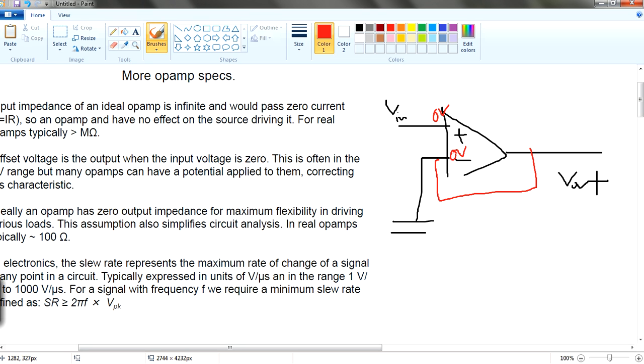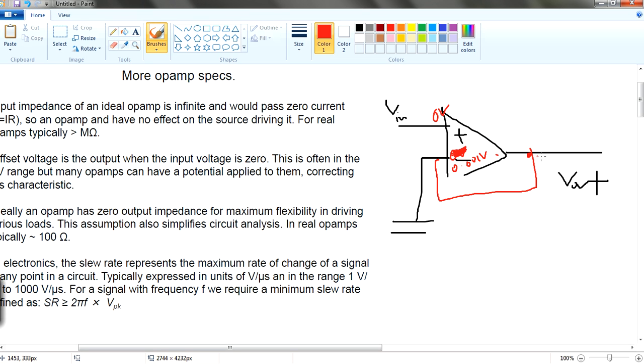However, because the offset within the op-amp may have some weird situation, this may actually feed back to maybe 0.001 volt because of a certain system within it. Maybe some residual voltage stuck inside there.